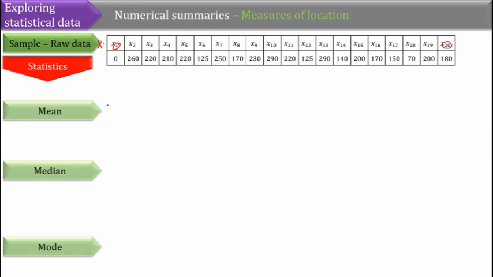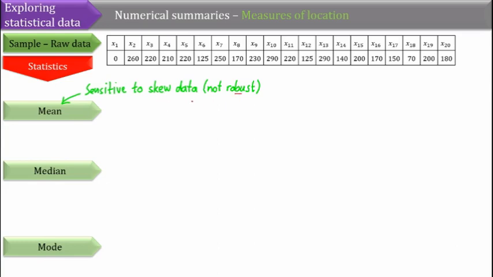The three statistics that we'll be calculating will be the mean, median, and the mode, which are the three measures of location. Now, first of all, the mean is sensitive to skew data. In other words, it is not robust.